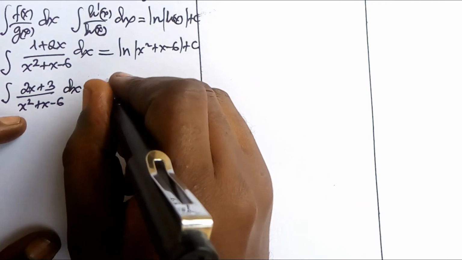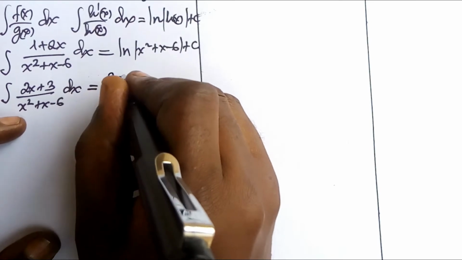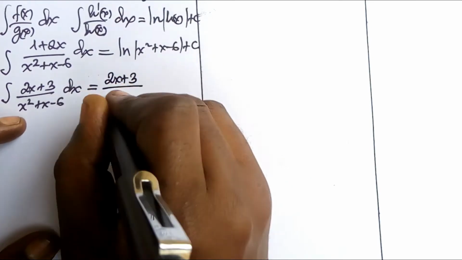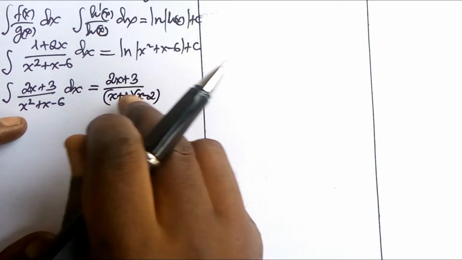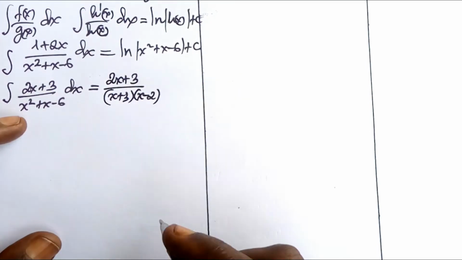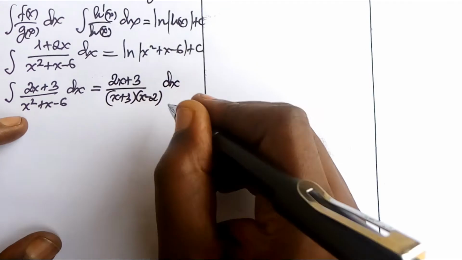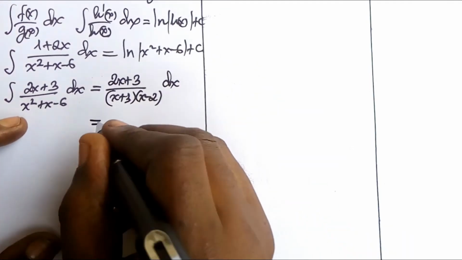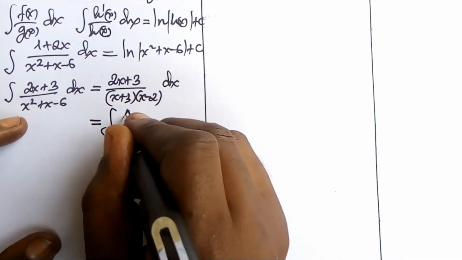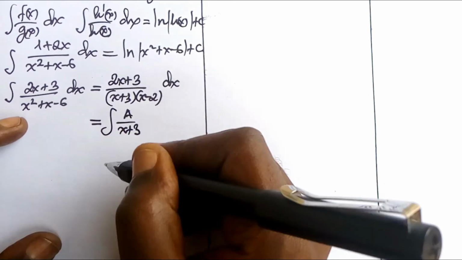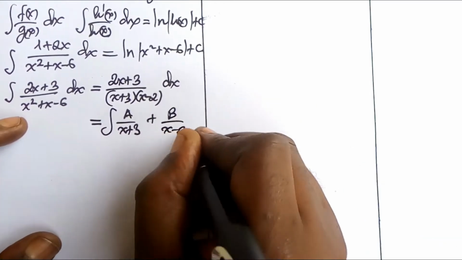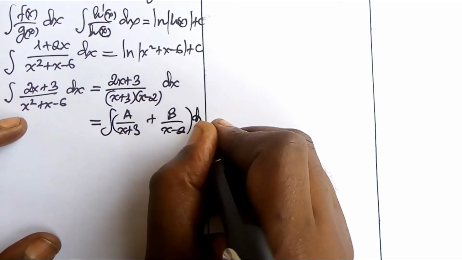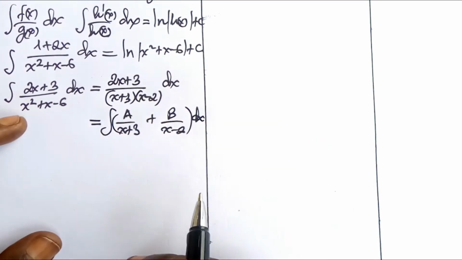So I could rewrite this integral as 2x plus 3 all over x plus 3 into x minus 2, as these are the factors of the quadratic. Then I would have to integrate a over x plus 3, for some constant a, plus b all over x minus 2, which is now easier to integrate.